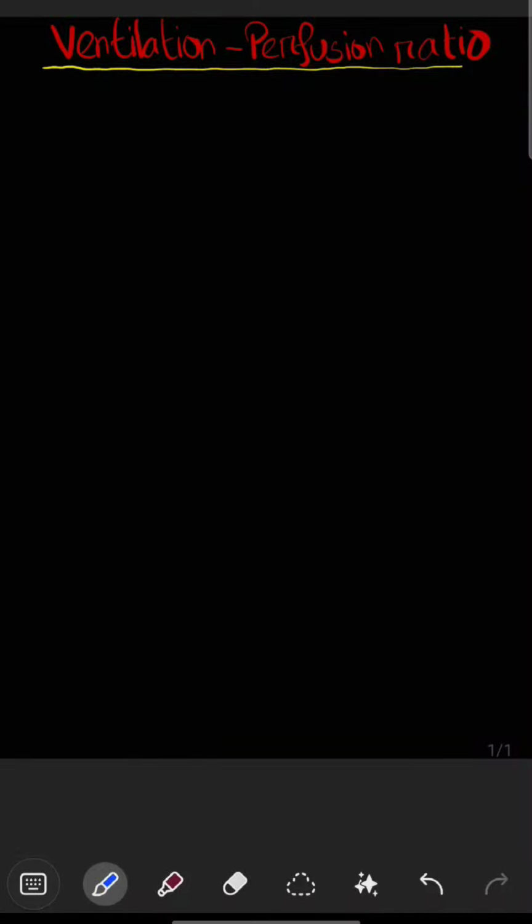Ventilation perfusion ratio. It is the ratio between alveolar ventilation by pulmonary perfusion.